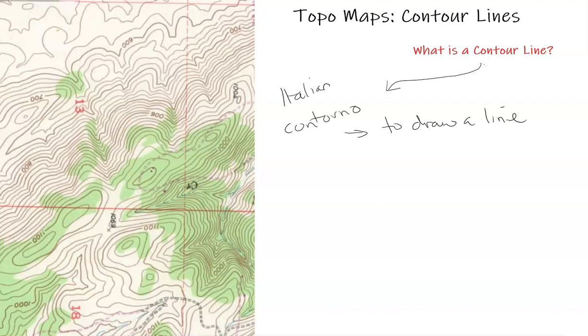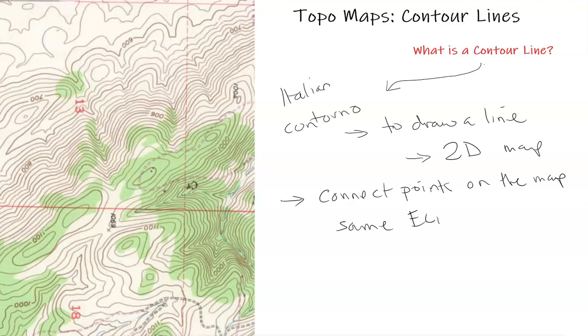So you basically draw a line, and in this case you're drawing a line on a two-dimensional map, and what you're doing is you are going to connect points on the map that have the same elevation.